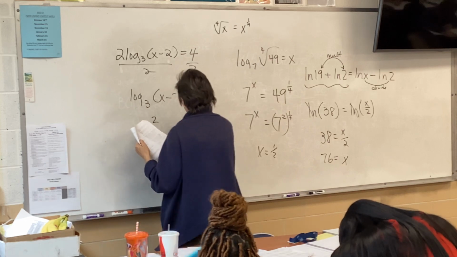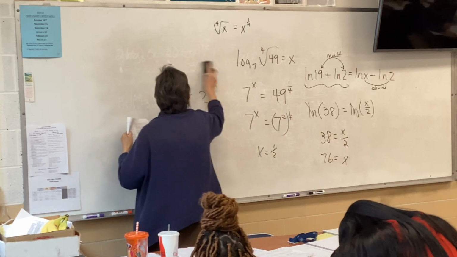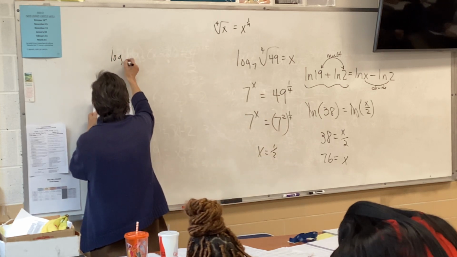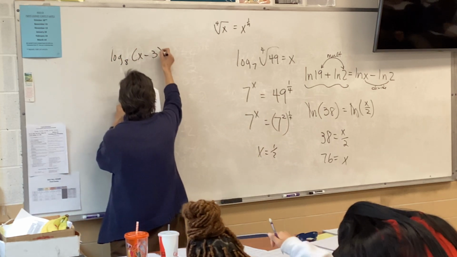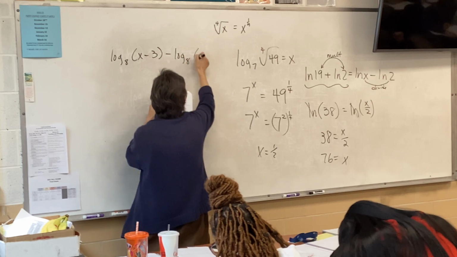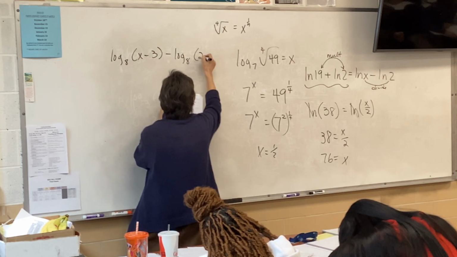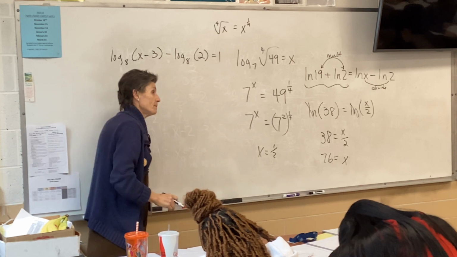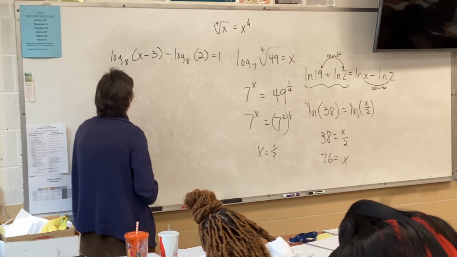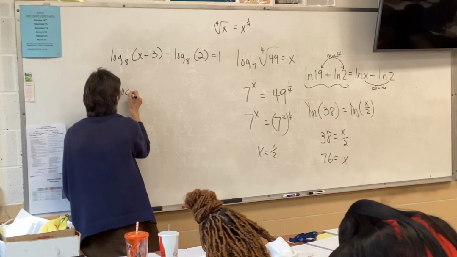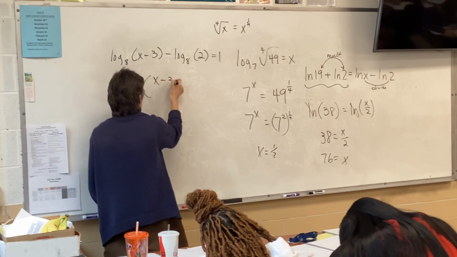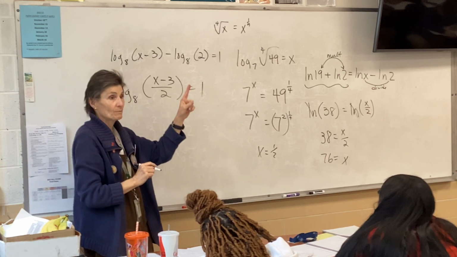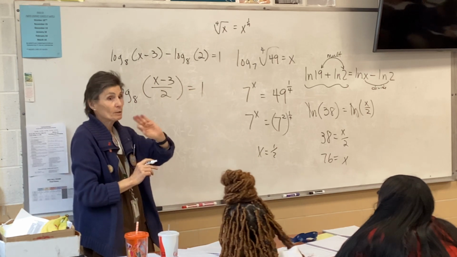How about F? Anybody have a thought on F? Yeah, Robbie? It would be log base 8 and then in parentheses x minus 3 over 2. Exactly. That is step 1, right? You have to put them together.